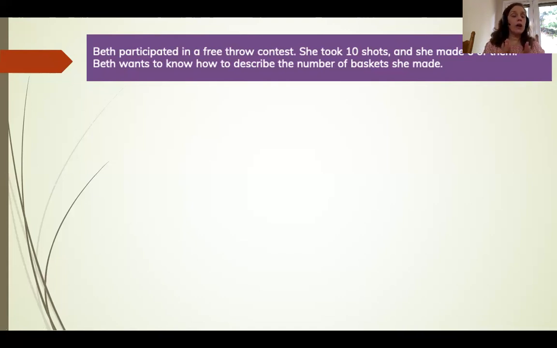So we always start off with our fraction, and we learned fractions back in elementary school, and we've talked about them this year.